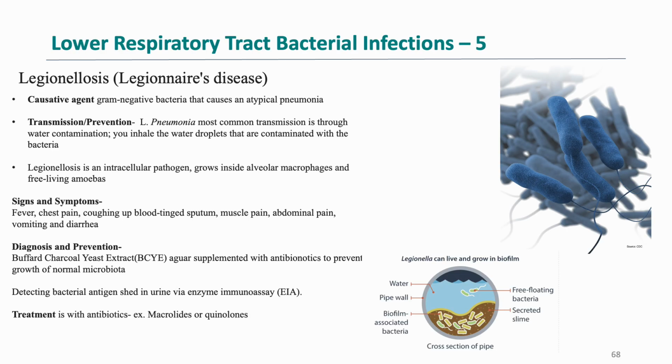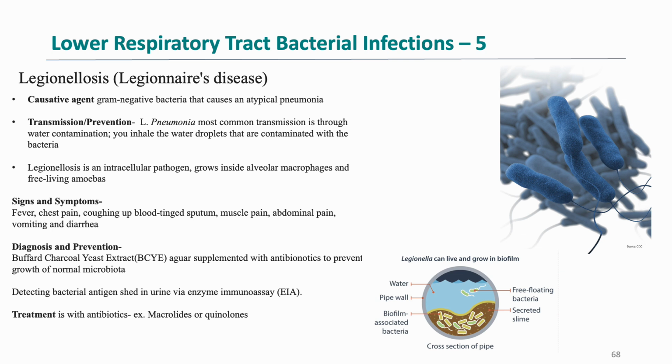Okay, in this slide we're talking about Legionellosis, which is commonly referred to as Legionnaire's disease. So it is caused by a gram-negative bacteria that causes an atypical pneumonia. We refer to this as Legionellosis pneumonia. This bacteria contaminates water sources. Inhaling the contaminated water is how the bacteria will spread.